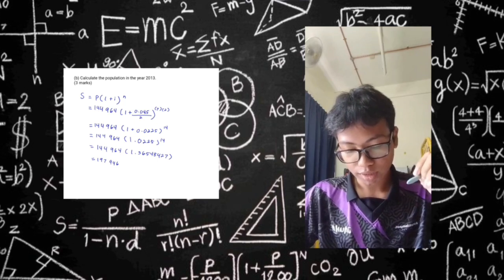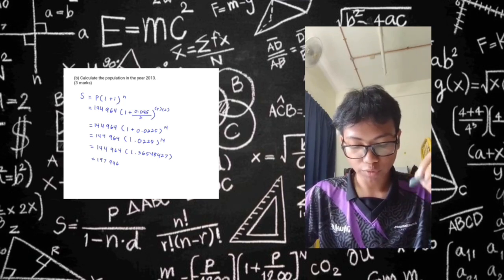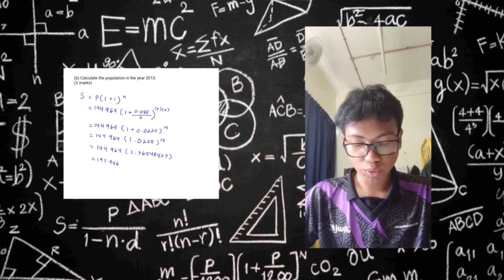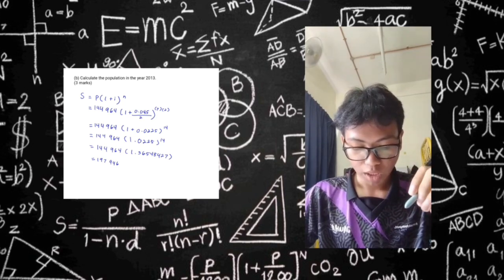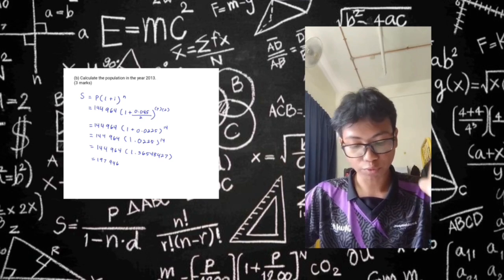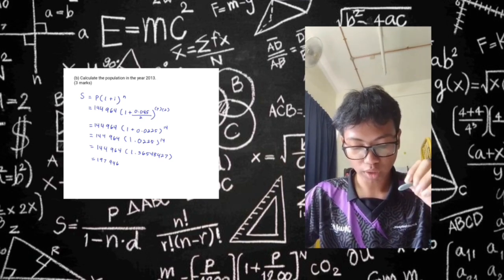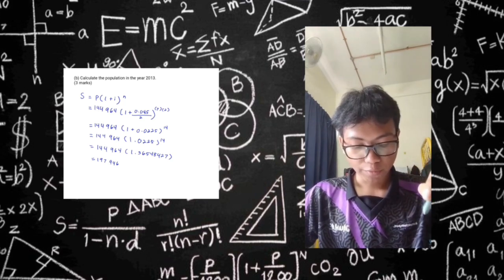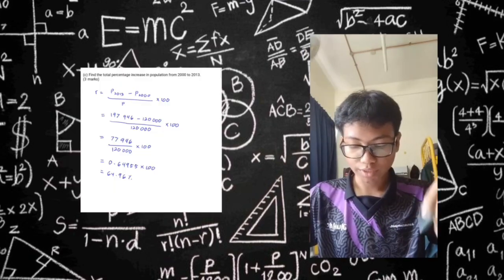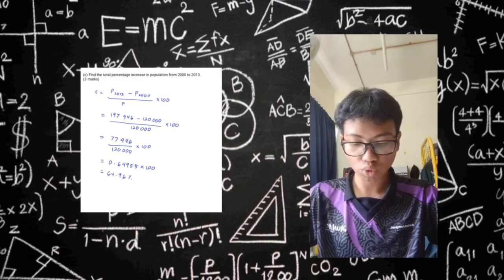S equals 144,964 bracket 1 plus 0.045 over 2 power of 7 times 2, and you will get 144,964 bracket 1.0225 power of 14. Next, 144,964 times 1.3654847. And for the last question, question C, find the total percentage increase in population from 2000 to 2013.